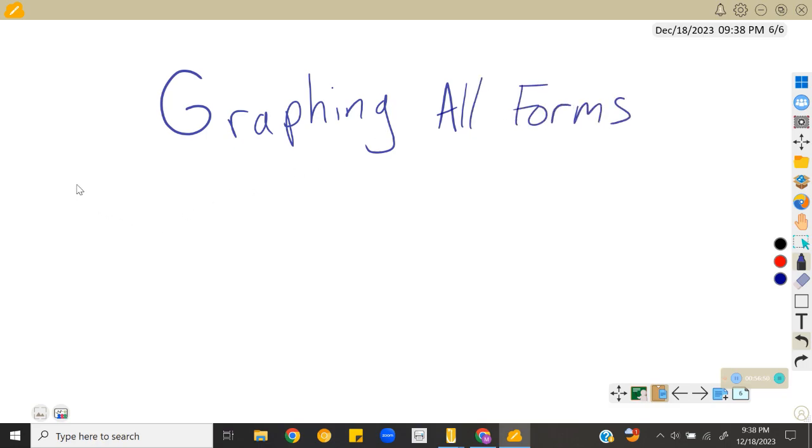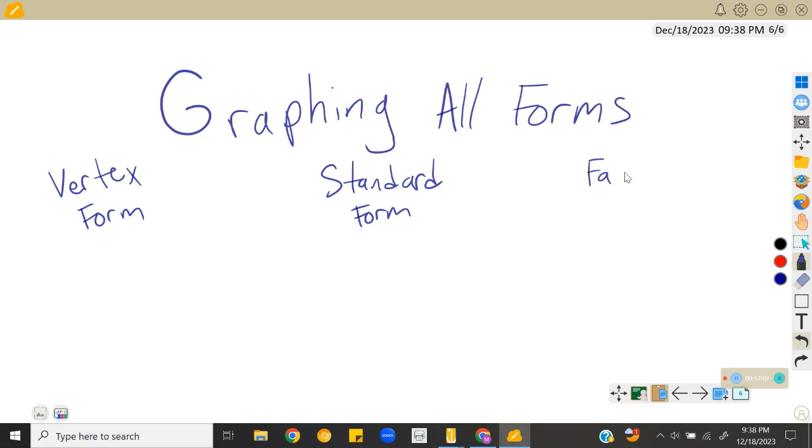Okay, so you guys should remember vertex form. You should put that in your notes. You should remember standard form. And this is what I was saying in the note page video, by making a table, maybe you could break this down so that you don't get confused between all the forms.